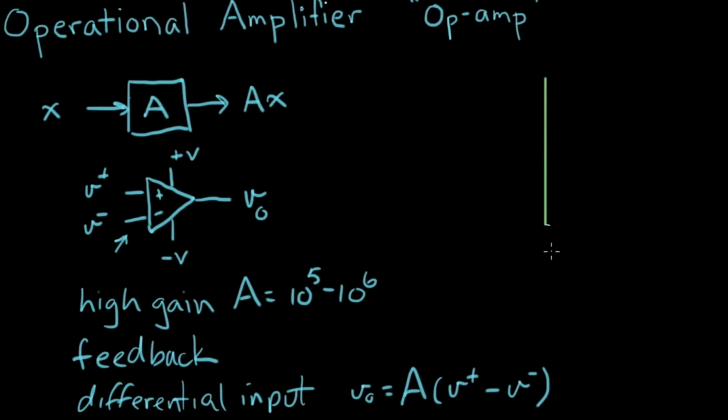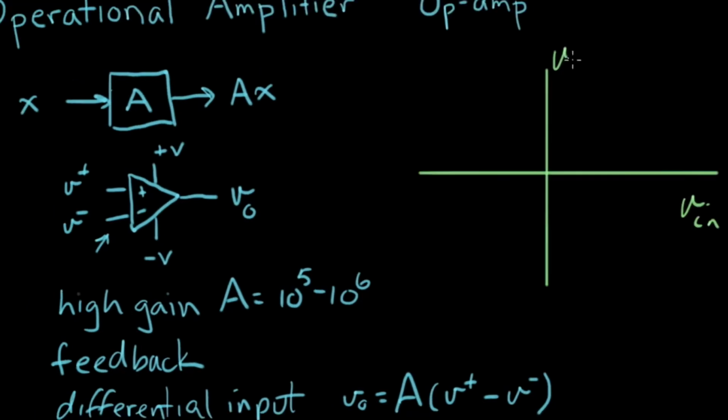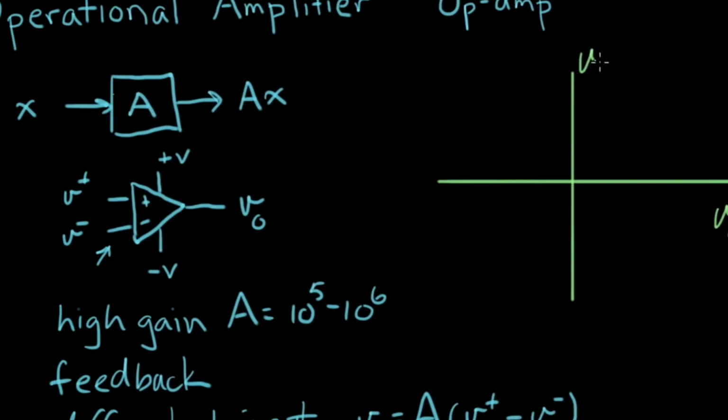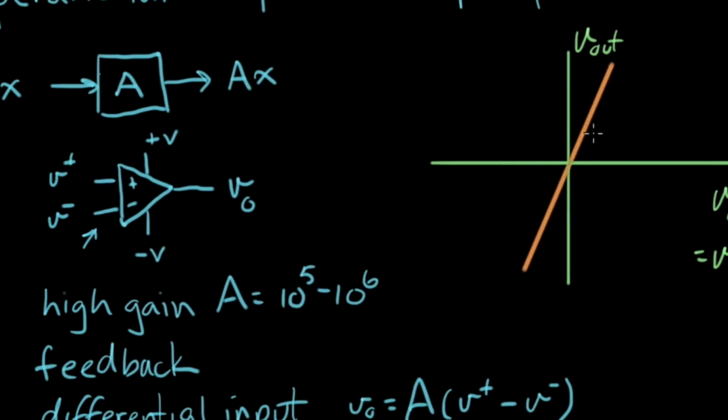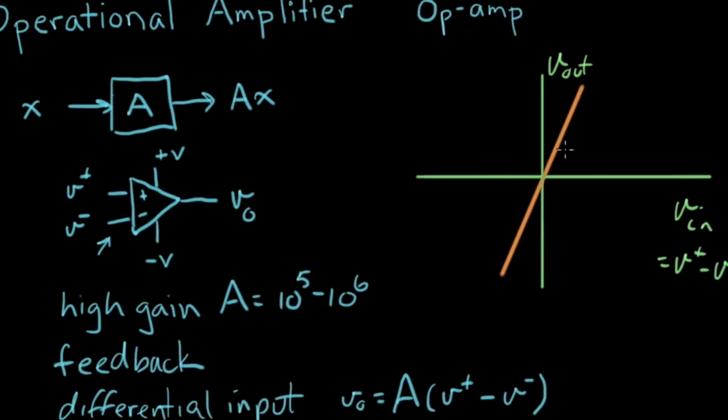Another property of the op amp is that it has a kind of input referred to as a differential input. A differential input means it responds to the difference in voltage between the two inputs.